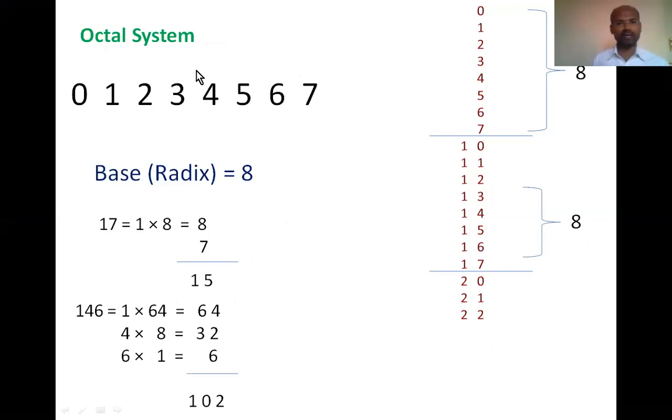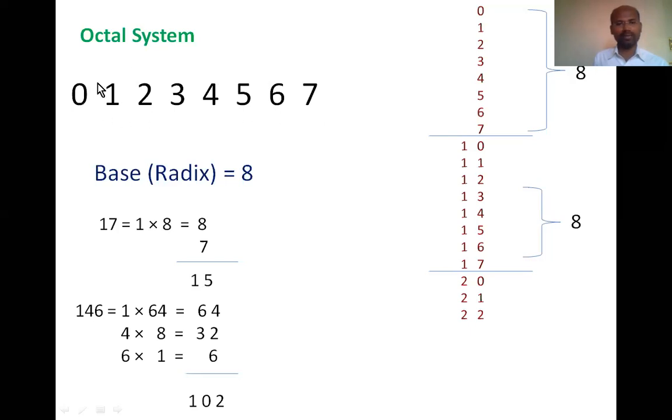Now what is this word octal? The dictionary meaning of octal is 8, right? The octal system is the system in which there are 8 different symbols for carrying out the counting process.